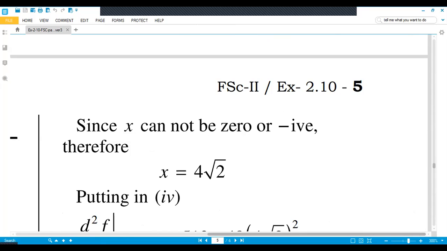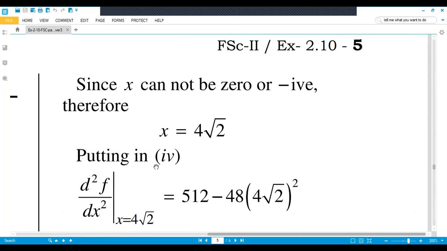We get three values of x: one is 0, another is positive 4 under root 2, and the other is negative 4 under root 2. You know that x is the side length, so it can't be 0 and it can't be negative. So we take the positive value, x equal to 4 under root 2, and put it in the second derivative.